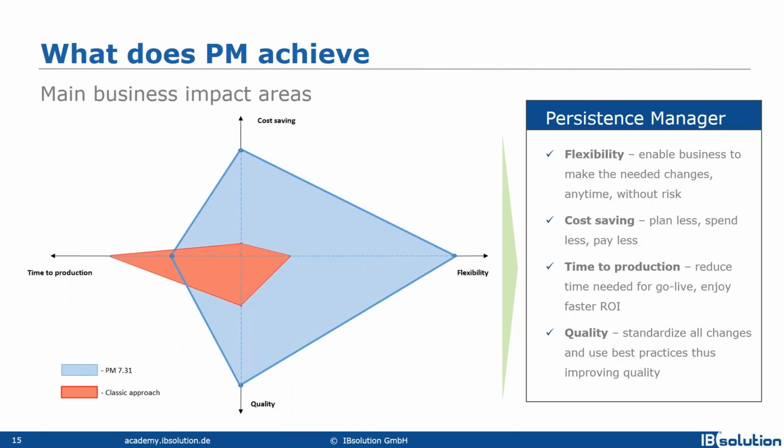So this means what kind of changes are you able to do without actually having to change the code or having to change something which is quite crucial and would require an additional transport. And you see that from a flexibility point of view, the persistence manager is really bringing things to another level.